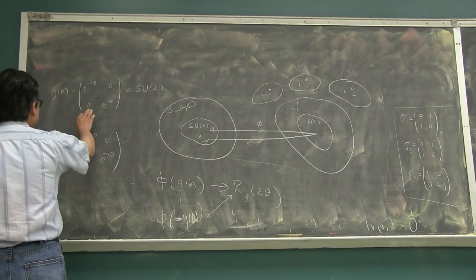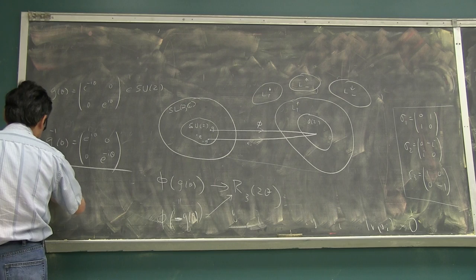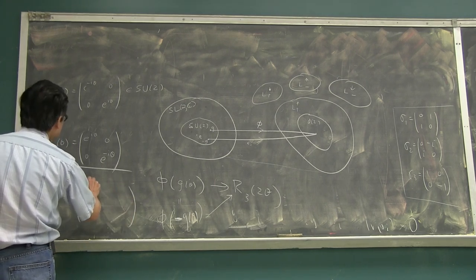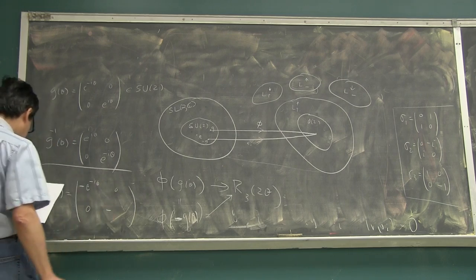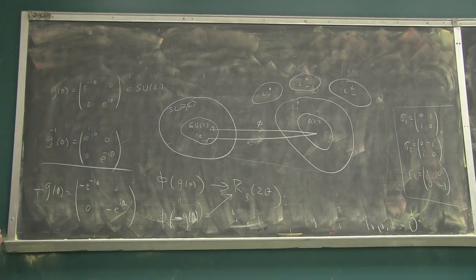Now you just take this for g theta. So minus g theta becomes minus e to the minus i theta, 0, 0, minus e to the i theta. So that's minus g.